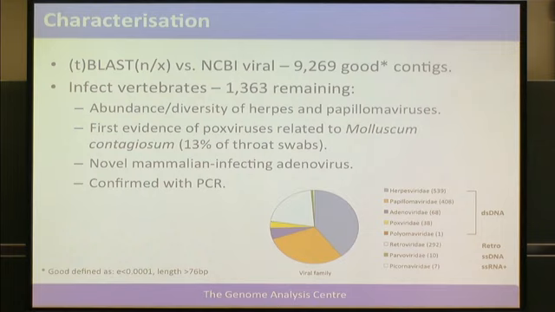So eventually these were curated down to 1,300 odd contigs that represented viruses that infected vertebrates, rather. And there were some interesting findings from the virology point of view, which I'm not going to talk about too much now, but there were some novel viruses identified that were interesting to them. And then where particularly novel things were found, these were confirmed with PCR, so using the contigs to design primers.